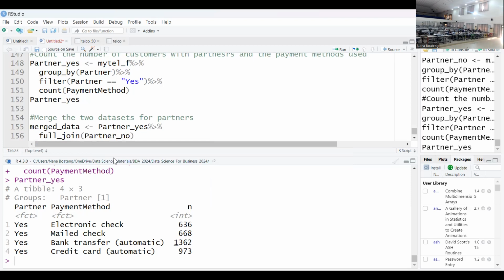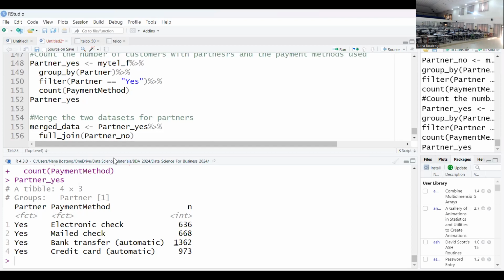Okay. So let's concentrate on the payment method and on the partner. Now, on the partner, for the group who don't have partners, it's no, and for those who have partners, it's yes. So the two are not the same. So we cannot use that. All right. But when you look at the payment method, it's the same for electronic check, same for mail check, same for bank transfer, same for credit card.